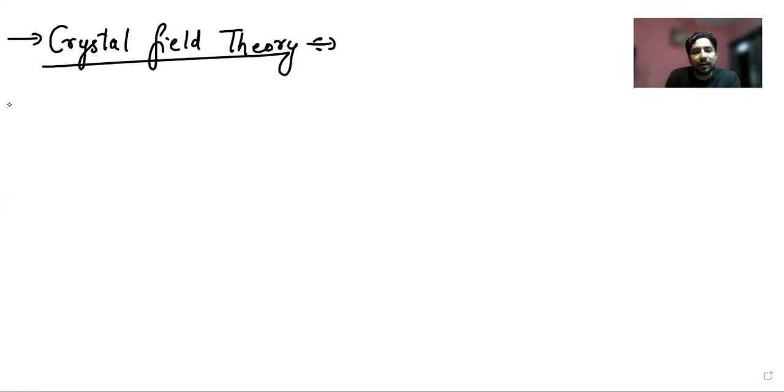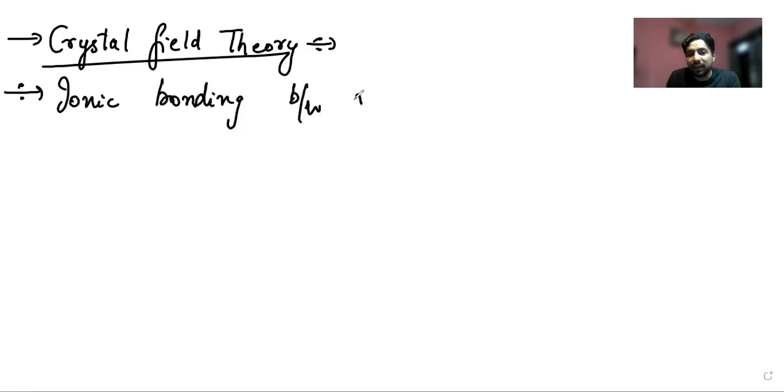The basic purpose of this theory was that it says the bonding between the ligand and the metal is purely ionic. There is ionic bonding between metal and ligand.